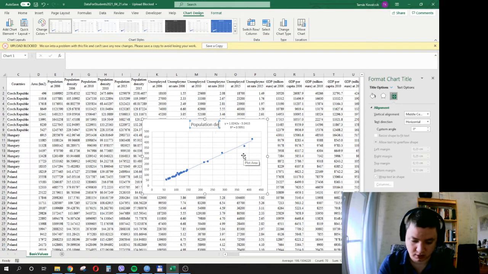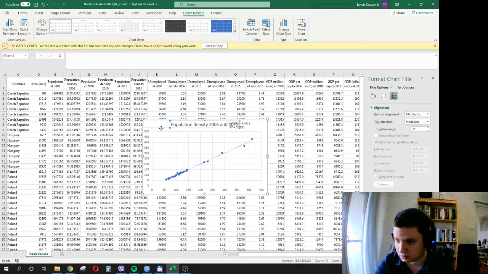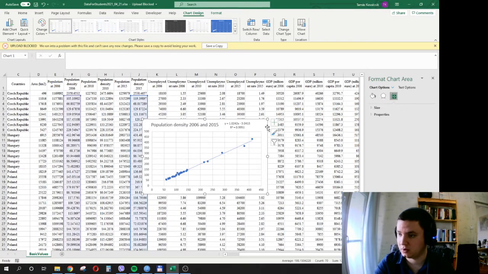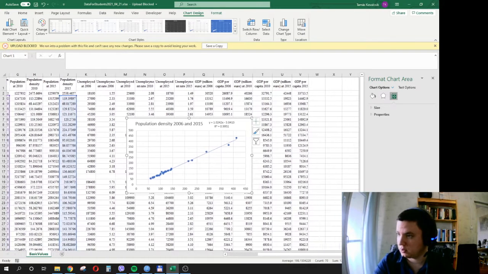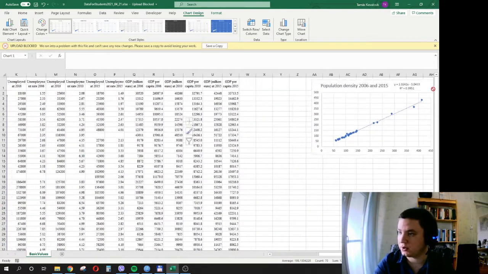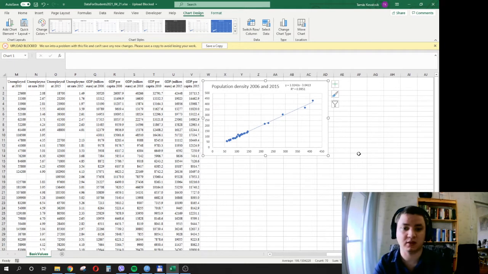Population density 2006 and 2015. So there is a very huge relationship and dependency between the population density before and after.